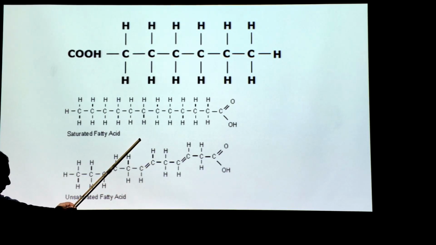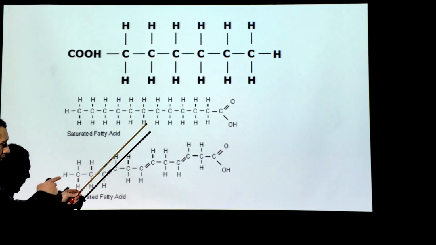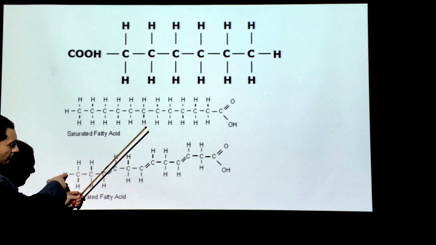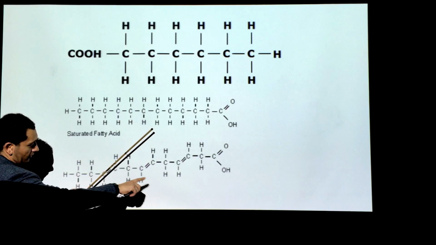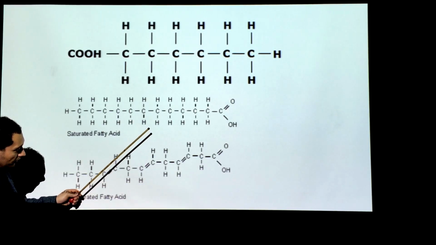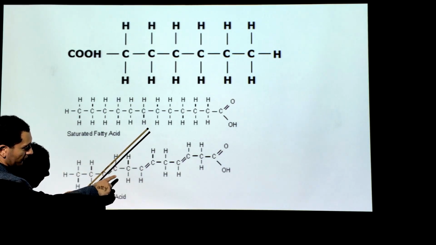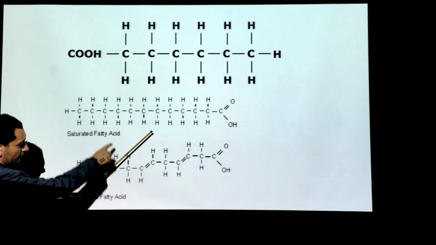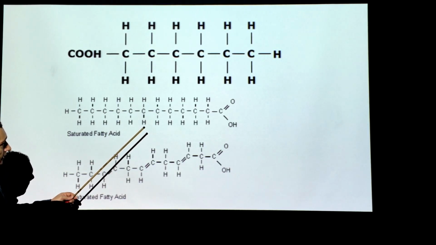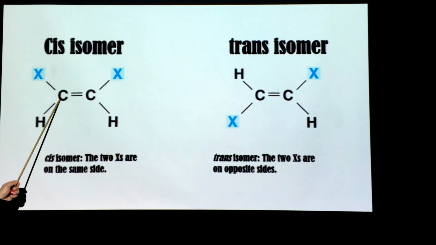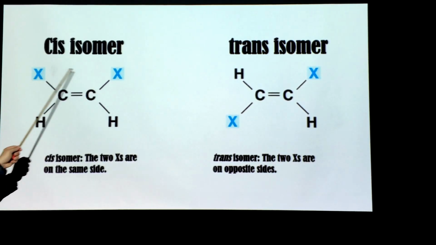Now, as you have it there, you're going to have a carbon chain on one side of the line and the rest of the carbon chain on the other side of the line. If the rest of the carbon chain is on the same side of the line, it's said to be a cis isomer, or a cis molecule, on the same side.